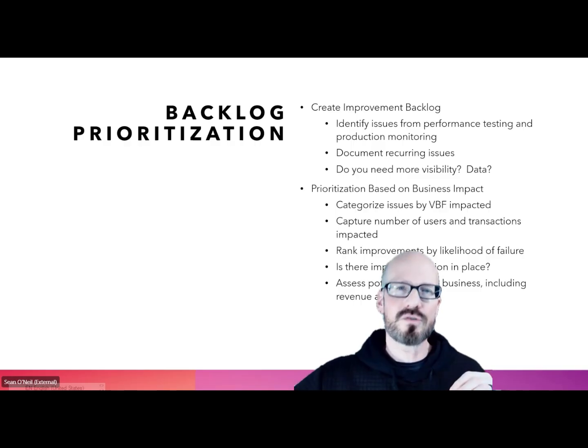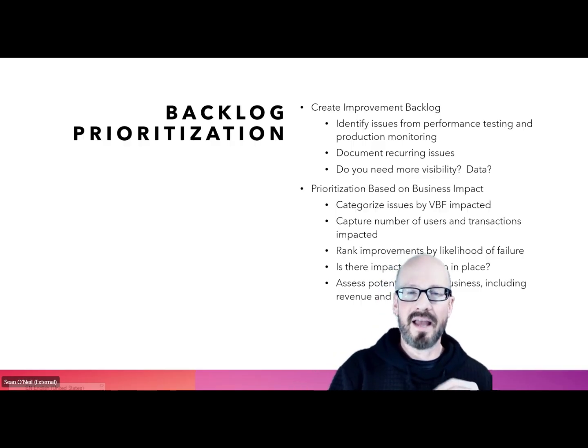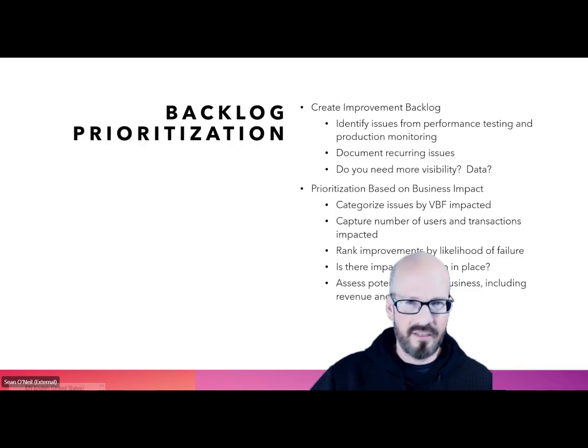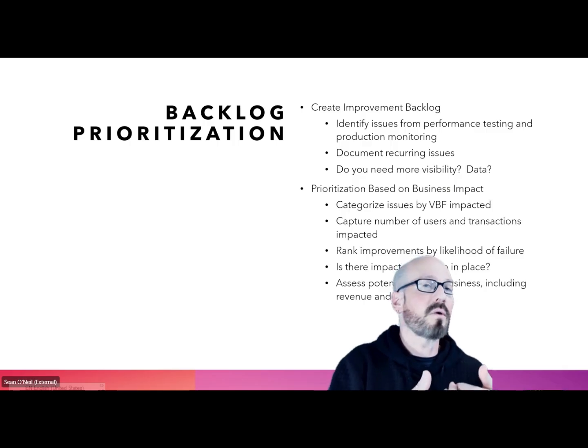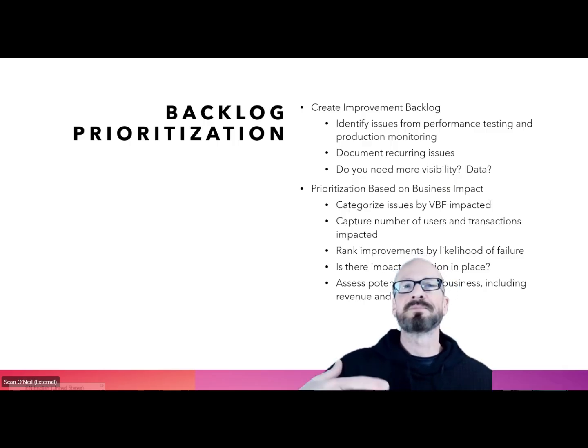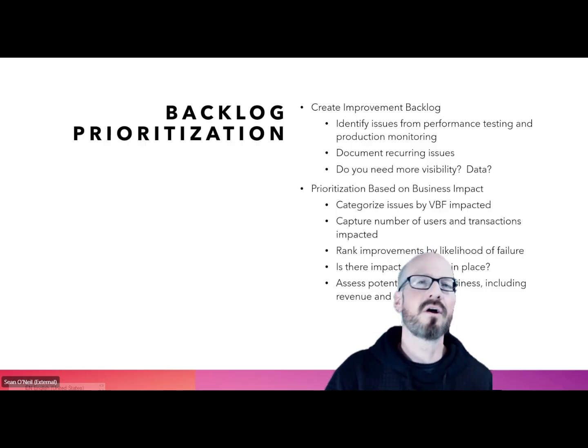How many users were impacted? And were they all impacted? Like 100% of the users were seeing slowness during this period of time, or were only some users impacted based on possibly where they were located in the country or which office they were working out of, things of that nature.